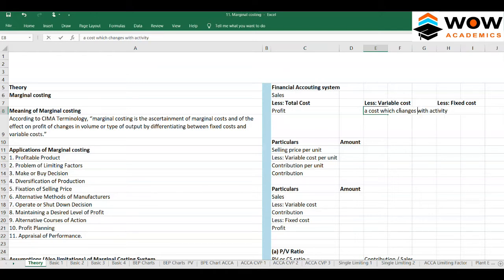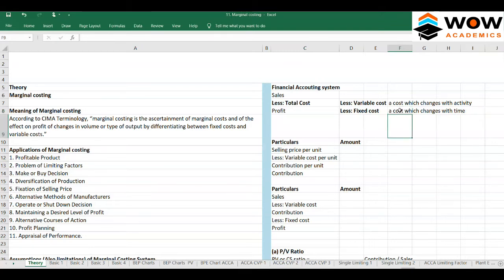And what is a fixed cost? A cost which changes with time.